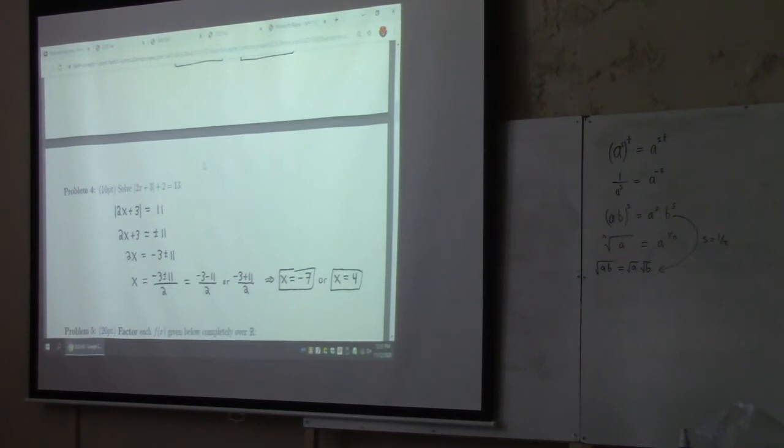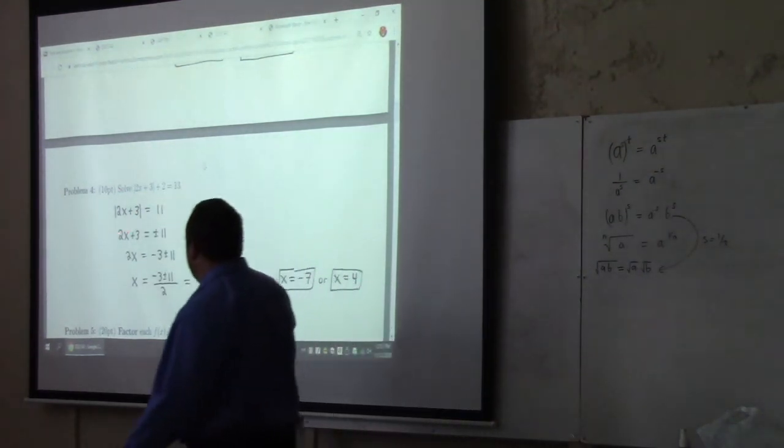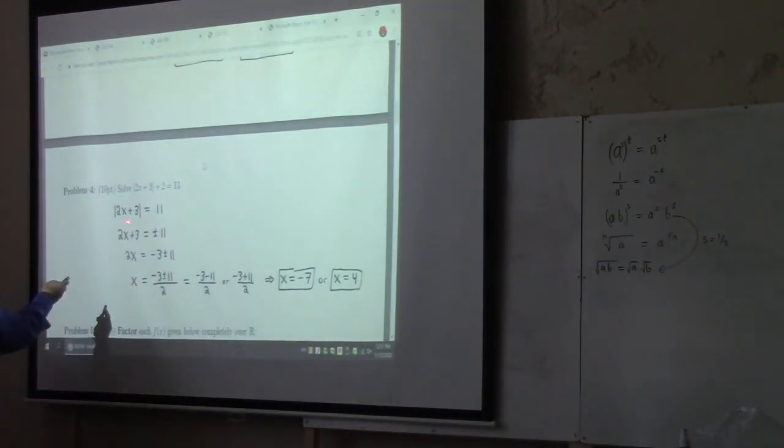This step here is really important: isolate the absolute value. You notice that I have to isolate the absolute value before I go to the plus minus step, right? Or I can do 2x plus 3 equal to 11 and 2x plus 3 equal to minus 11 as separate equations and solve them. Some of you did it that way, and that's also fine, right?